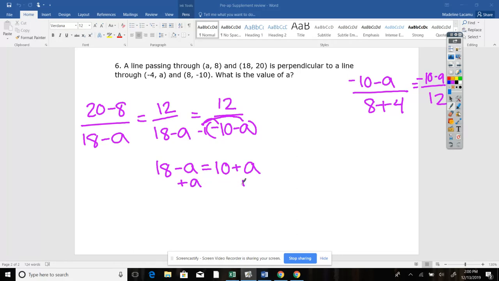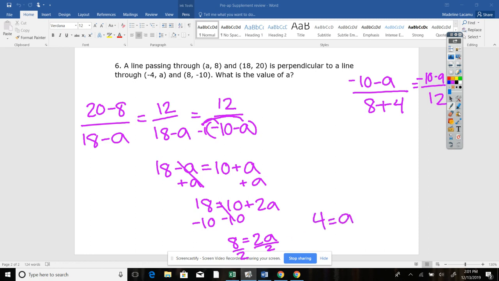So plus a, which is 18, equals 10 plus 2a. Then I subtract 10. So 8 equals 2a. And when we divide that by 2, we get 4 equals a.